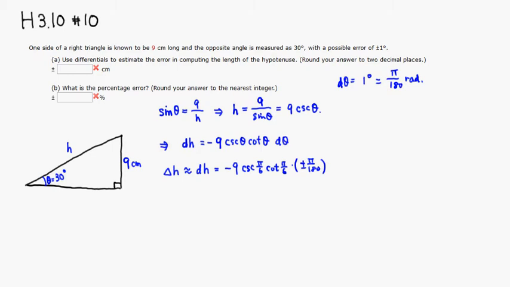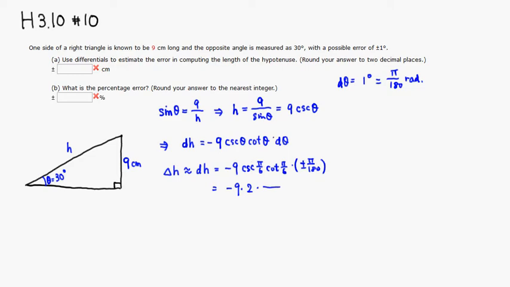So let's compute this. This is going to be negative 9. Cosecant is the reciprocal of sine. Sine of pi over 6 is 1/2, so the reciprocal is 2. This one's not so bad. Cotangent is cosine over sine.